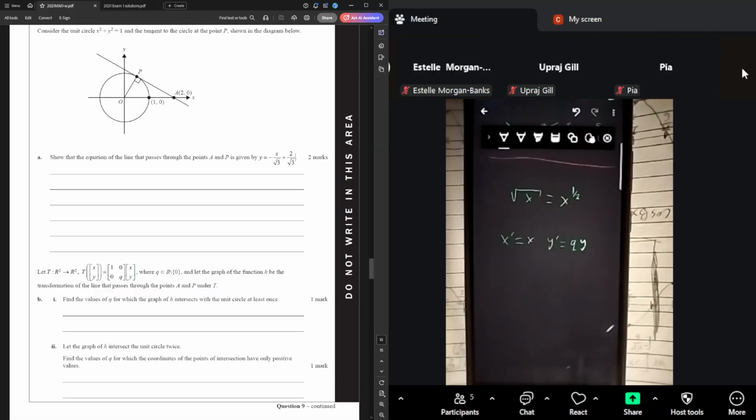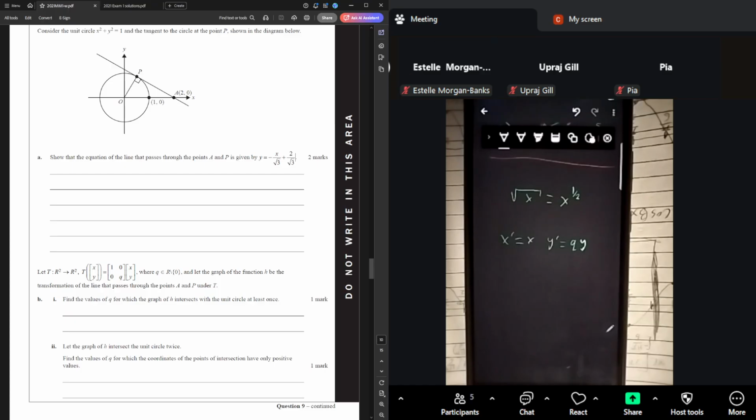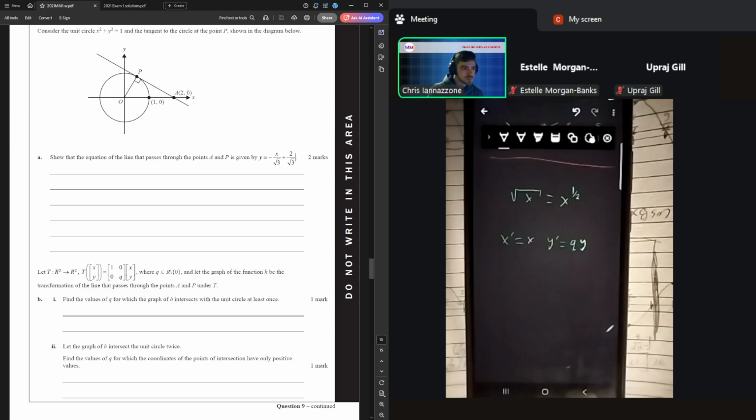Has anyone got an equation for the line after the transformation? Particularly crazy. It's applying a dilation factor of Q to y.